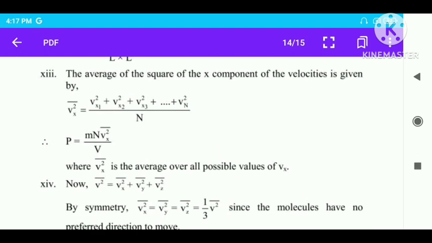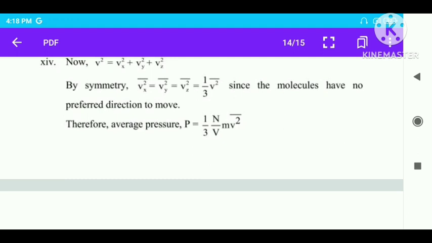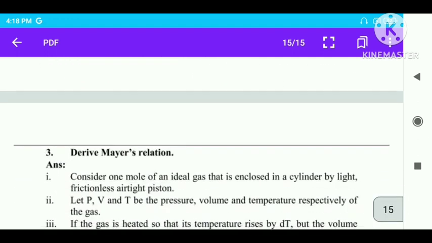Therefore P is equal to m n Vx square bar divided by V, where Vx square bar is the average over all possible values of Vx. Therefore, average pressure P is equal to 1 by 3 n by V m v bar square.